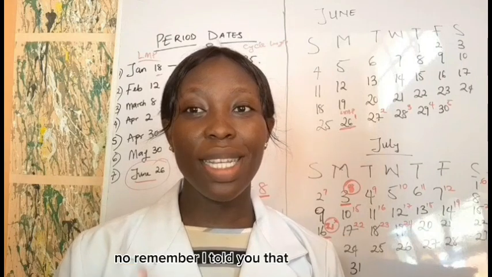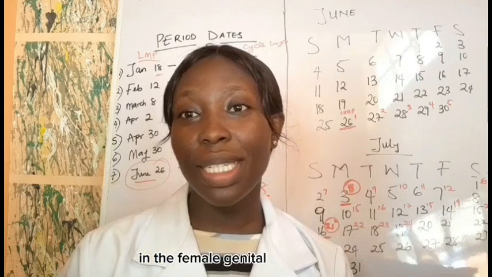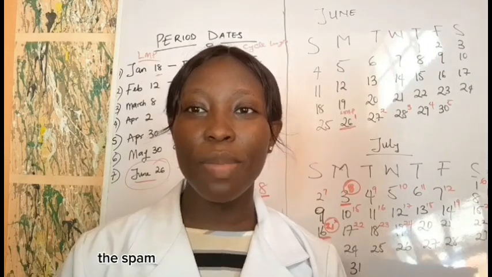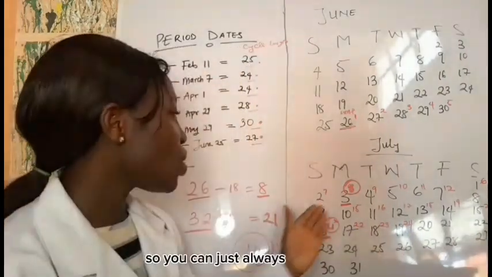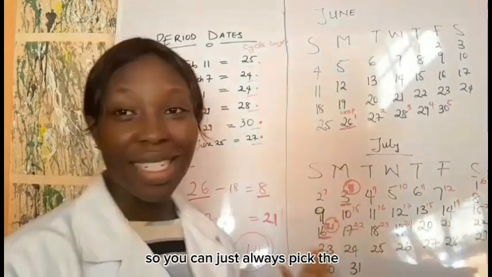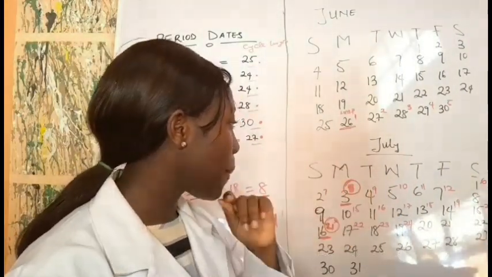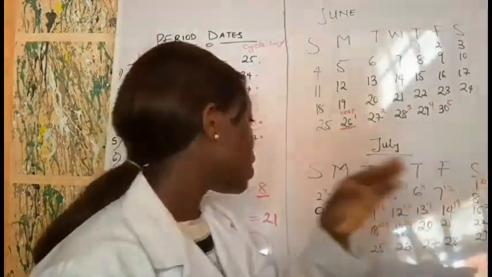Remember, I told you that when you ovulate, the egg survives in the female genital tract for 24 hours, and when you have sexual intercourse, the sperm survives for a range of 3 to 5 days. So you can just pick the days. You can have sexual intercourse on the 3rd, and the next time on the 5th, on the 12th.